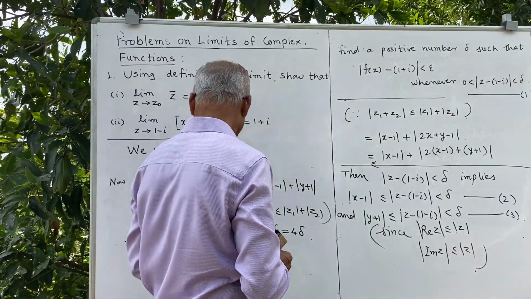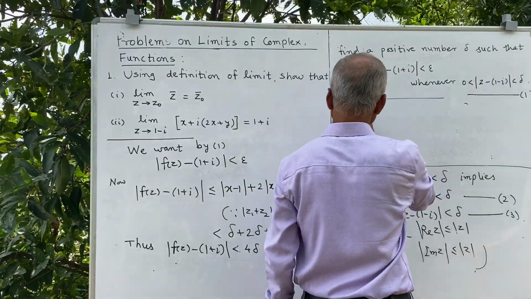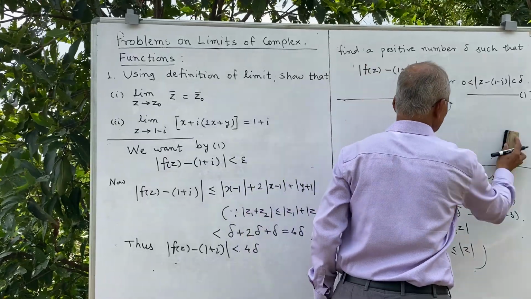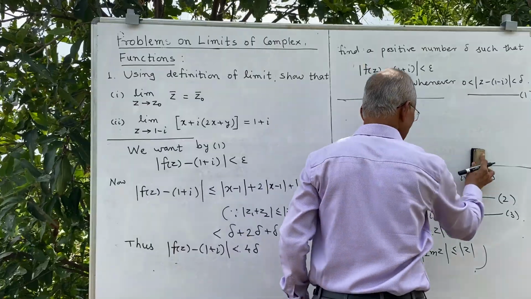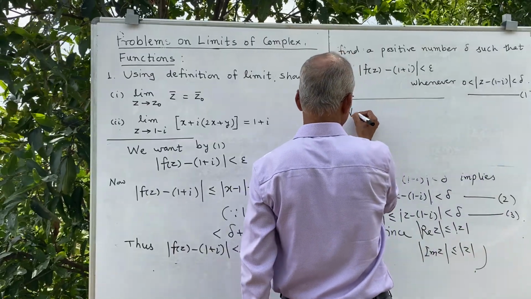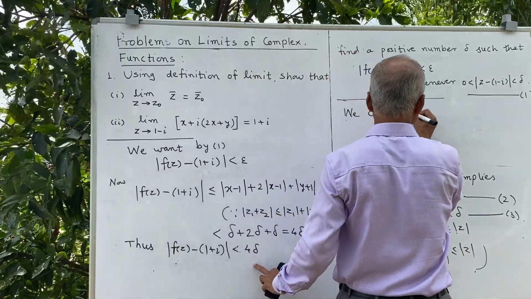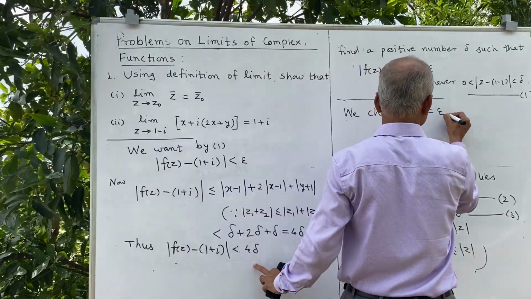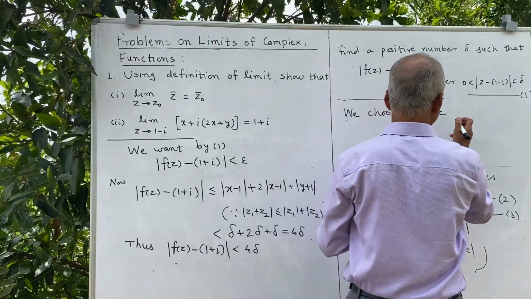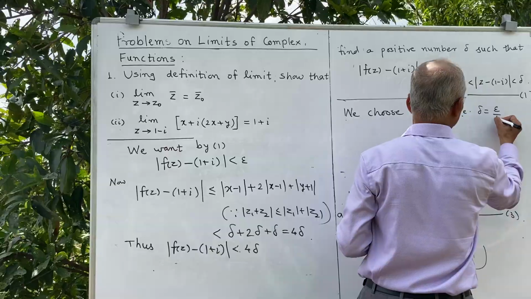So if we choose 4 delta equal to epsilon, that is, delta equal to epsilon by 4.